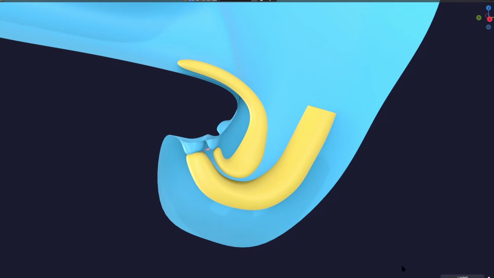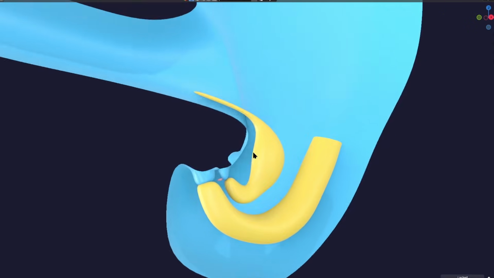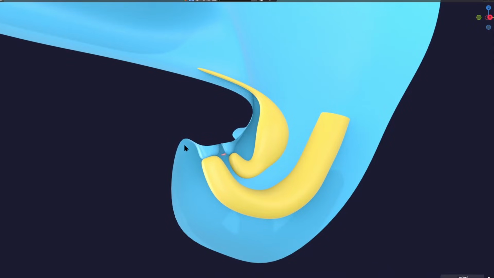So now we should call it the urogenital sinus. Some changes will occur within this overall structure of the urogenital sinus, and here is the tail eminence or caudal eminence of the embryo.